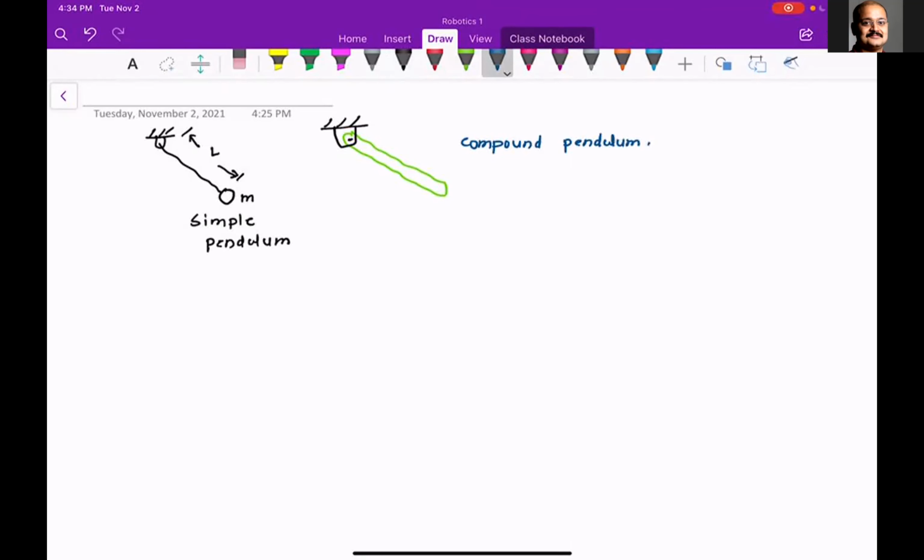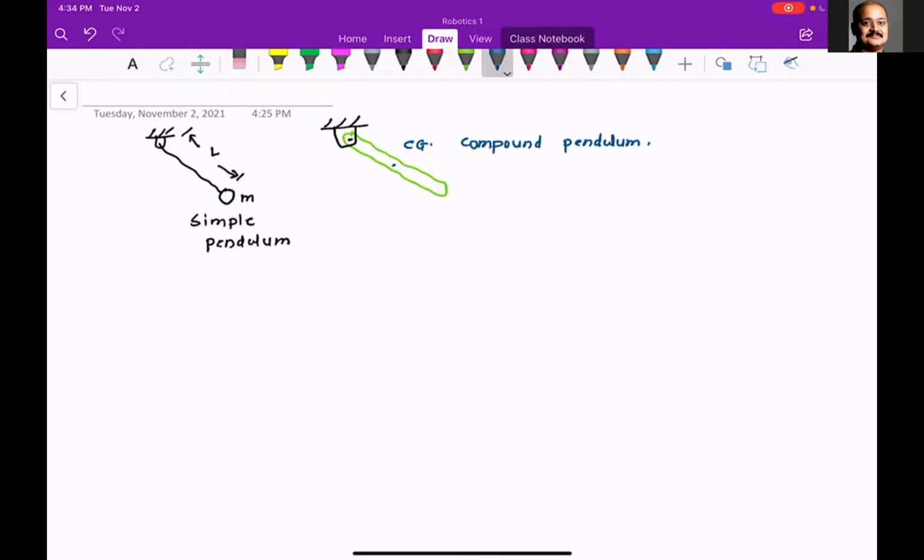Now, the way we would solve problem like this, I want you to understand this is the CG of the compound pendulum. This is where the mass is located.